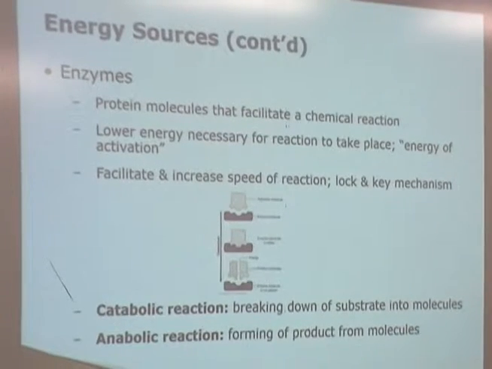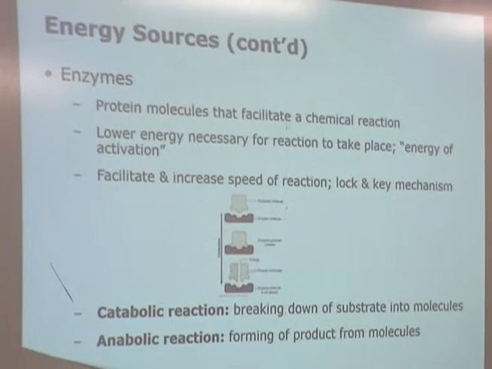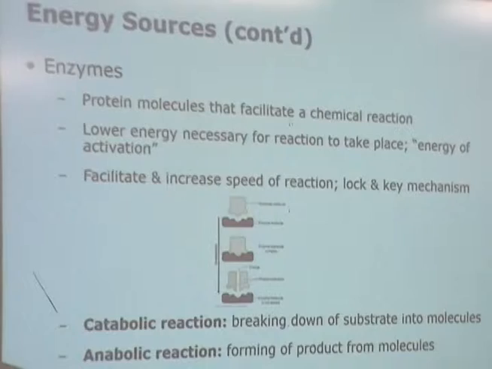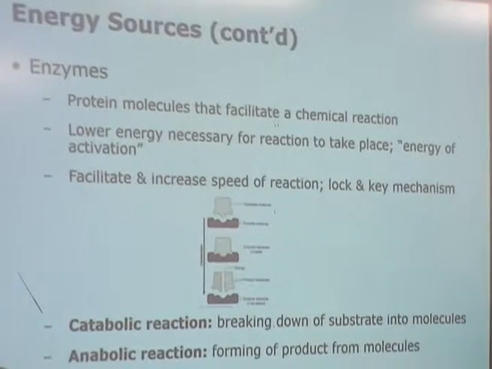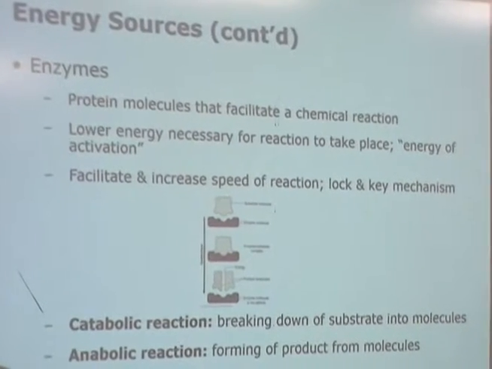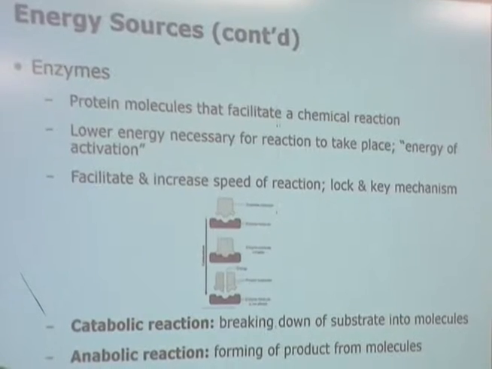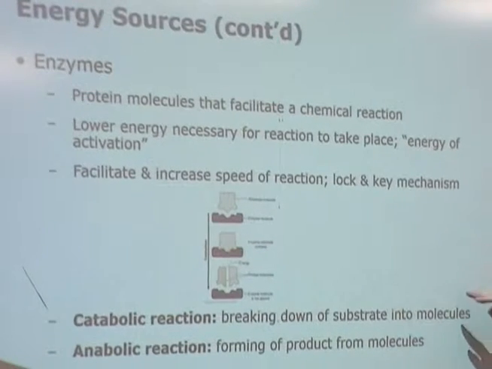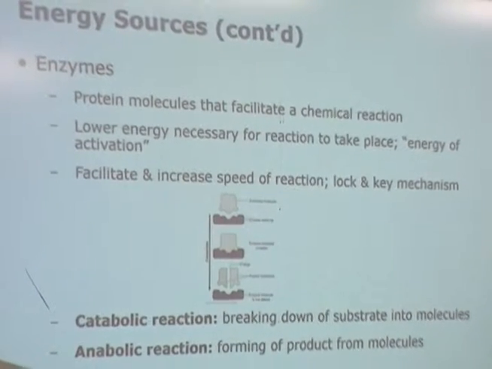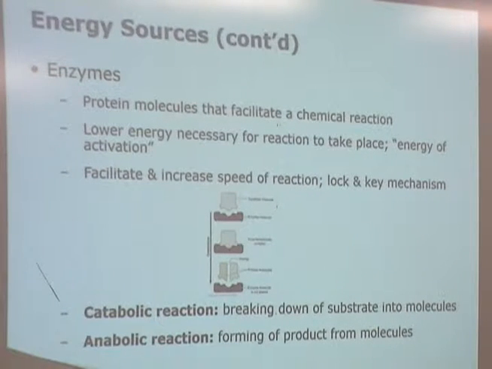I don't use enzyme A to do job T. Enzyme T has to do job T. Enzyme A only does job A. Right? They're highly, highly specific. They're pretty fussy little so-and-sos, right? But they don't cause the effect that we're seeing in the chemical reaction. They're facilitating. That's an important point to remember.